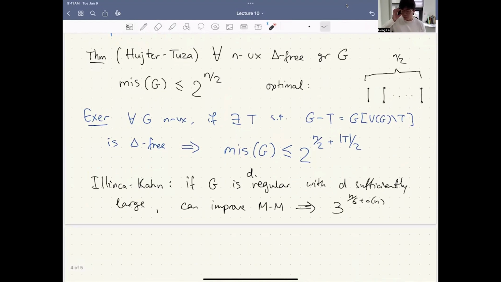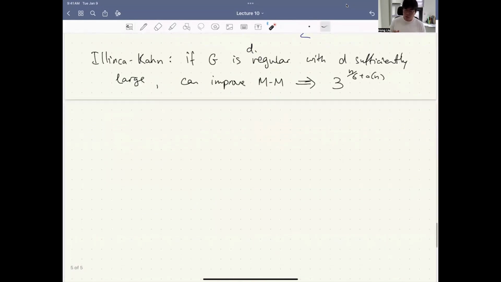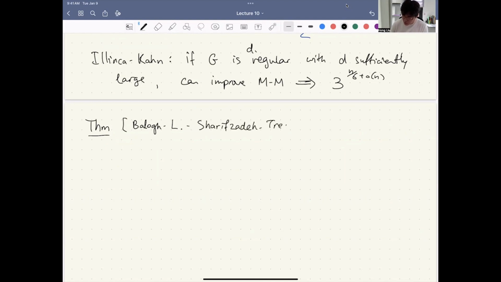What we're next going to prove is a strengthening of this result. So here's a theorem, a result of Sapozhenko and Andrew Treglown.